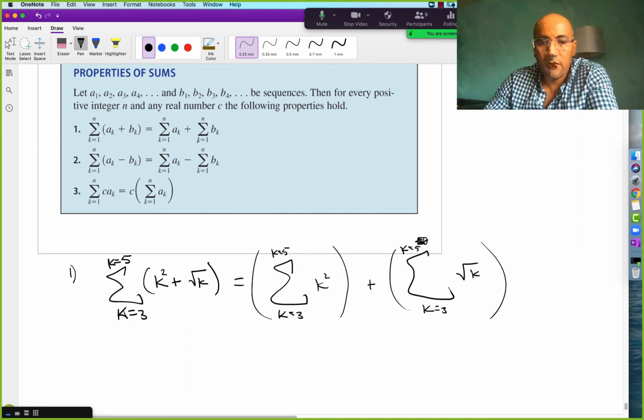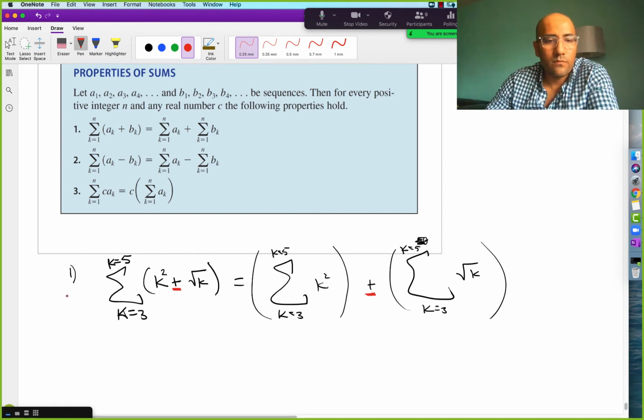Right? That's what this is saying. If you have a really complicated statement separated by an addition or a subtraction, then you can separate it this way, right? Same thing happens if instead we have a subtraction there. Well, you can just replace it by a subtraction there.